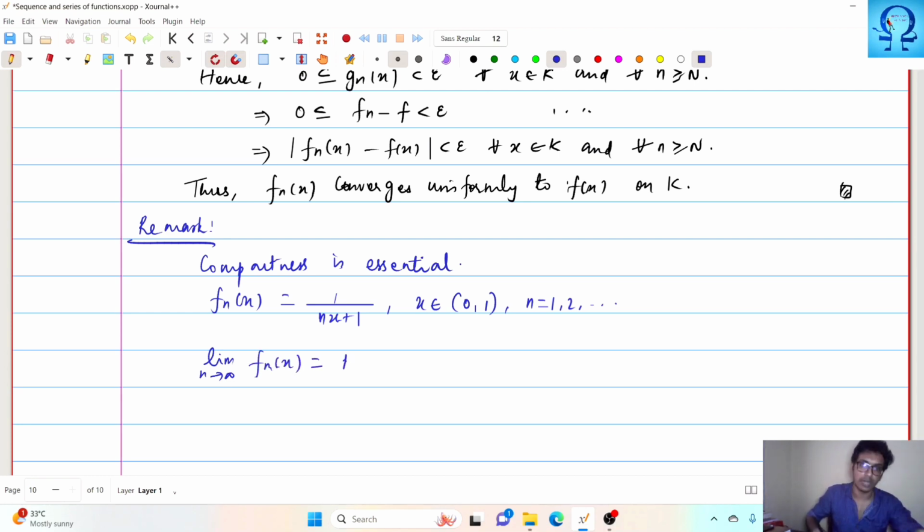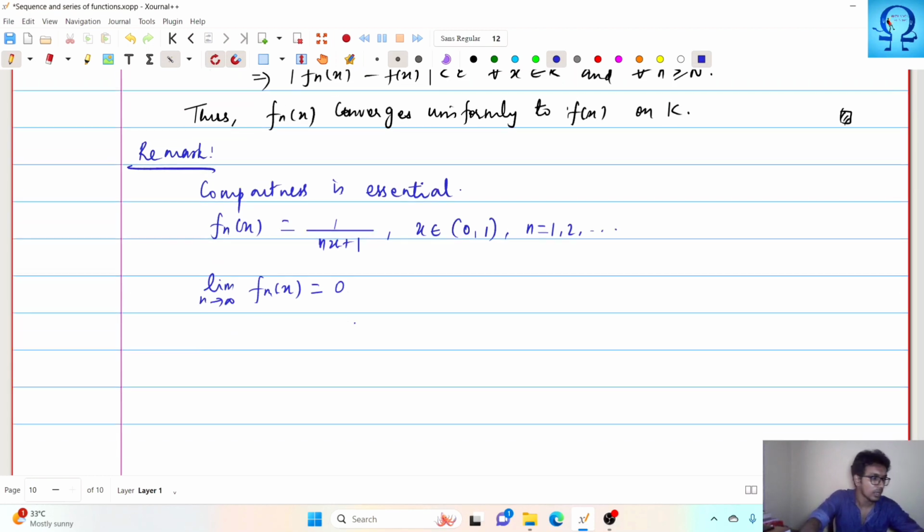Because x can be any value in this interval, but it's never 0. If it is 0, it will be equal to 1. In other cases, the limit goes to 0. So the limit of the convergence is 0.